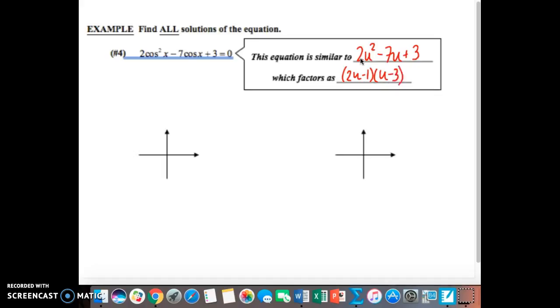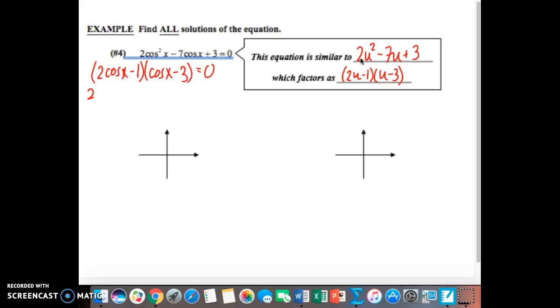So just replacing the u's with cosine, this equation will factor into 2 cosine of x minus 1 times cosine of x minus 3 equals 0.